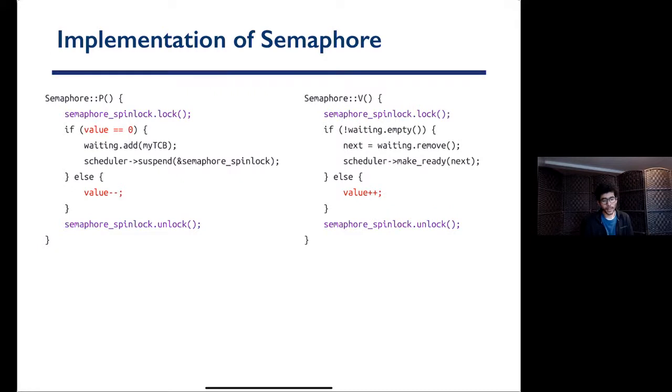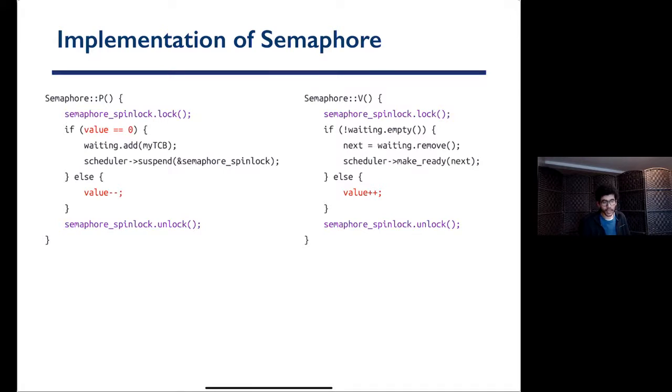In V, we again use the spin lock, lock and unlock at the beginning and the end. Then we check. So when we call V, we check if there are any waiting threads. If there are, we remove them and we make them ready. And if there are none, then we increment the value.